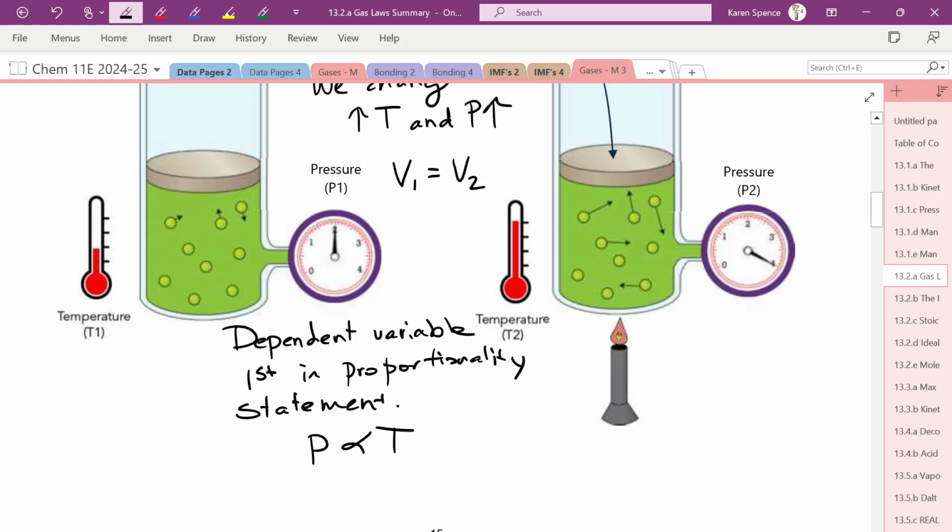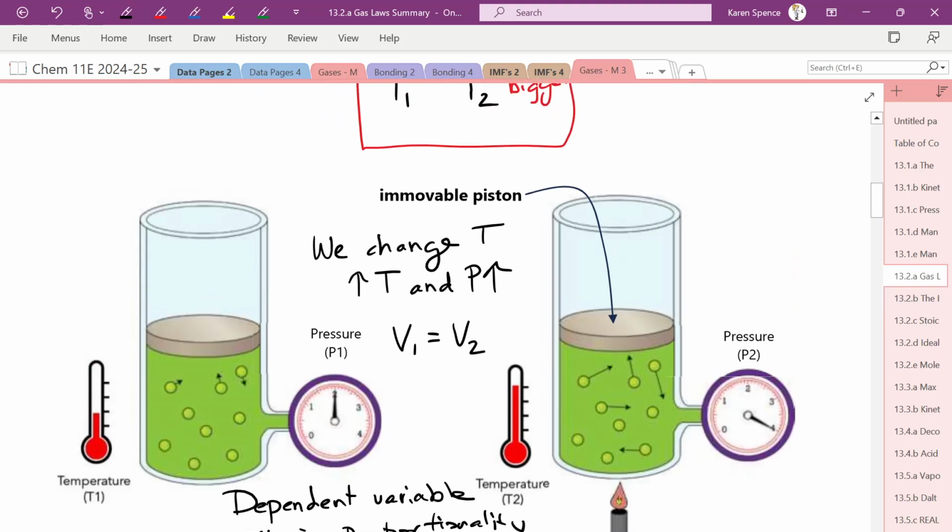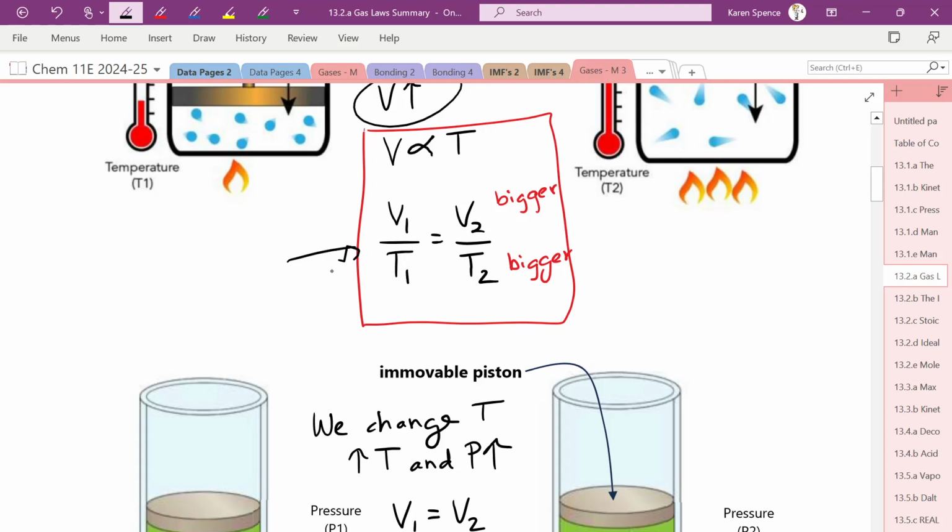So I would like you to write the equation that includes P1 and T1 and P2 and T2 based upon that and what you know about how these things work. So you're looking to do something like this, but for pressure and temperature.